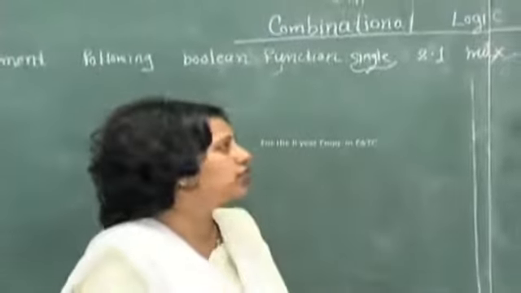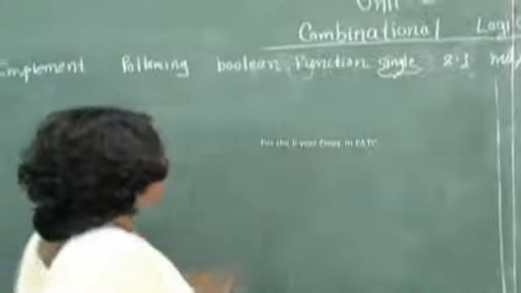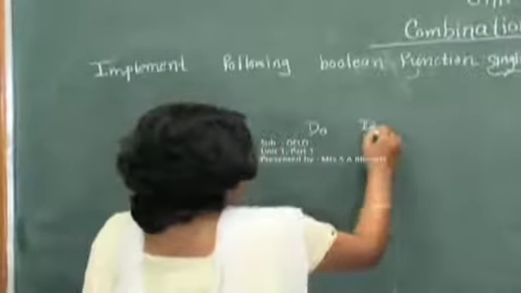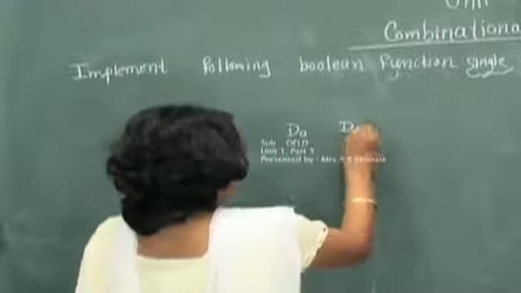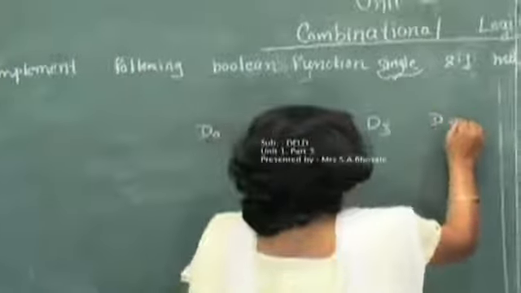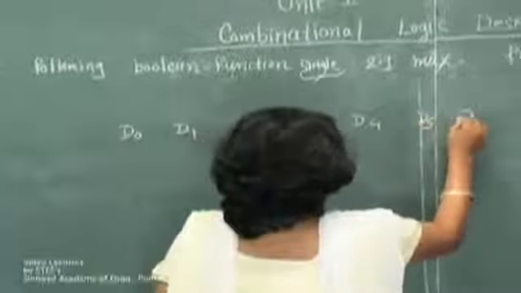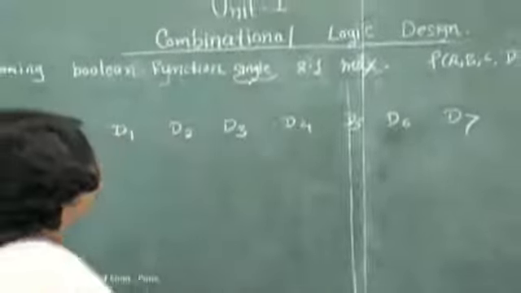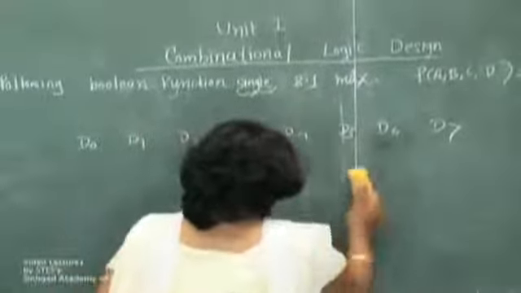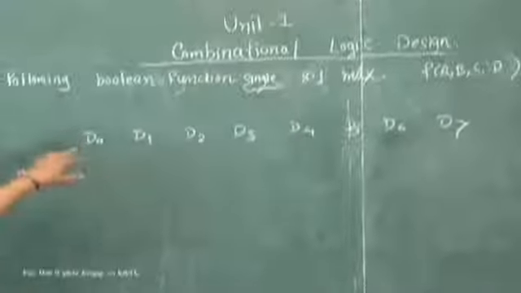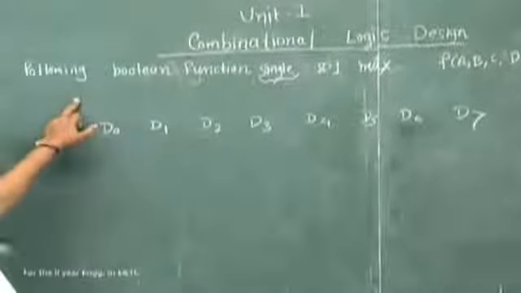So now see how this is going to happen. In an 8:1 mux we know there are total 8 data input lines: D0, D1, D2, D3, D4, D5, D6 and D7. Here each line should be multiplexed twice, then only this will function as a 16:1 mux.